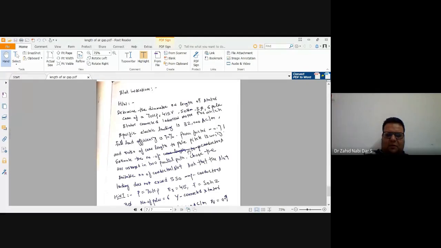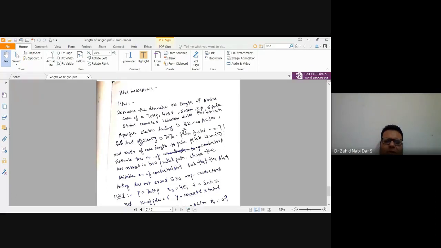Estimate the number of conductors arranged in two parallel paths. Choose a suitable number of conductors per slot such that the slot loading does not exceed 550 ampere per conductor.